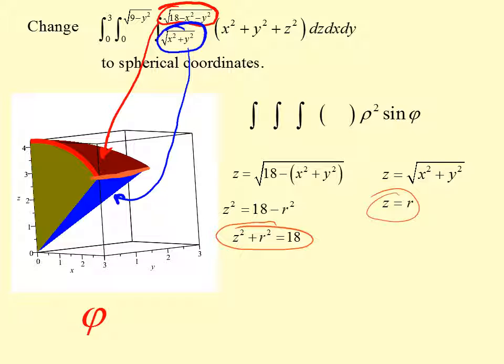So we'll take the r equals z, and we'll replace this r with z. Now that'll give us z squared plus z squared equals 18, 2z squared equals 18, or z squared equals 9, so z would be 3. And so this seam right here corresponds to z equals 3.